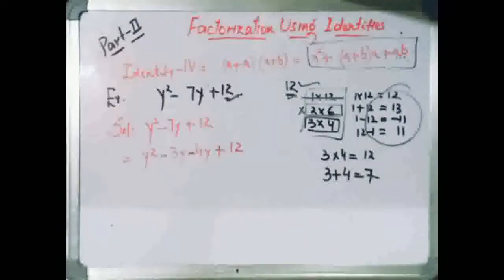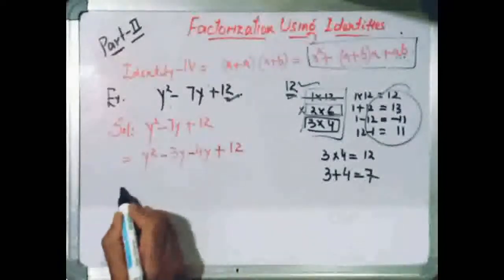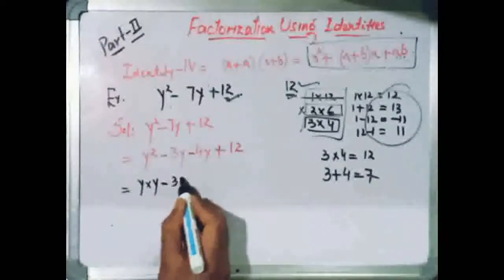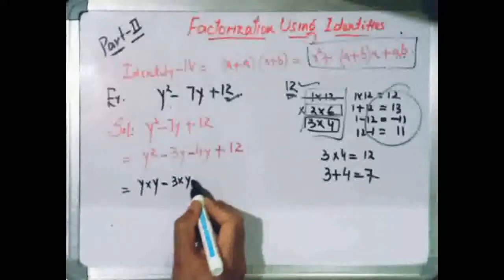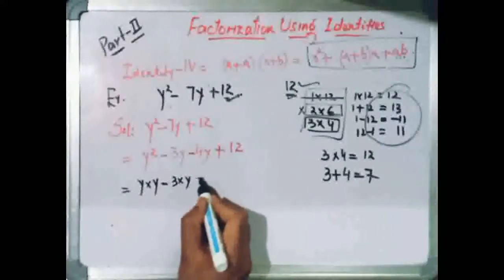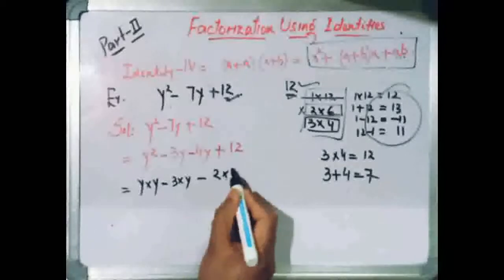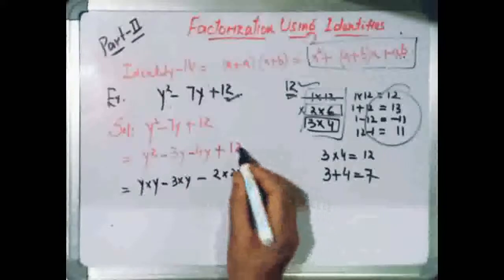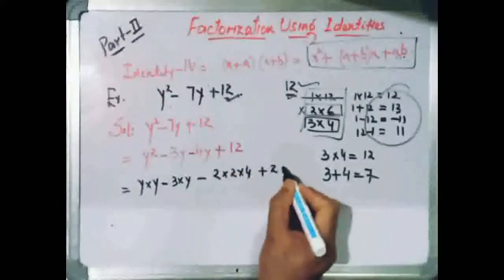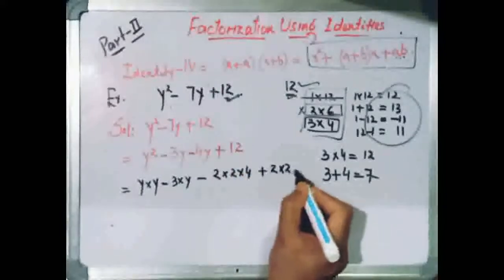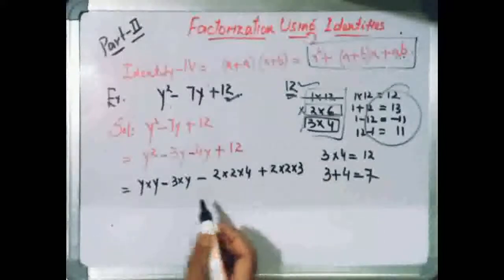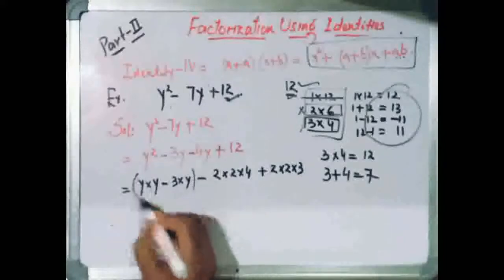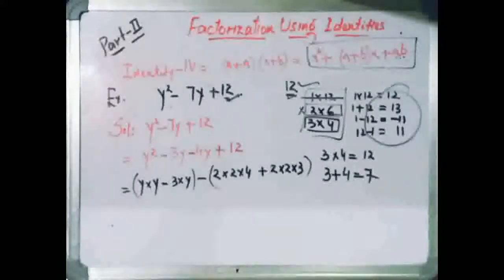So the factors are y into y minus 3 into y, minus 4 into y, plus 4 into 3. Now we can group these two and these two terms.